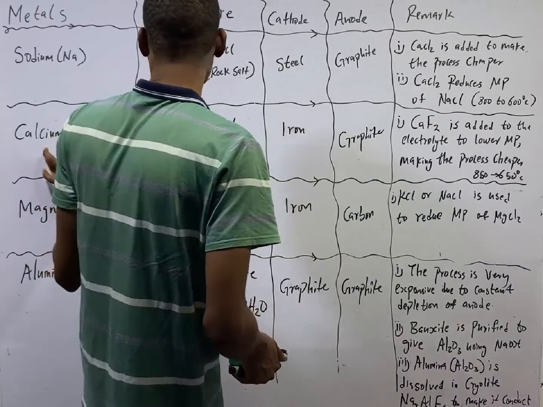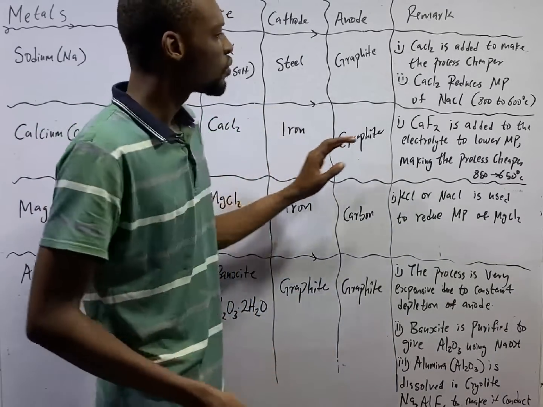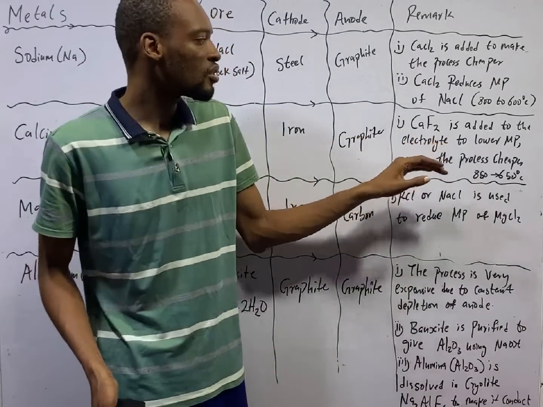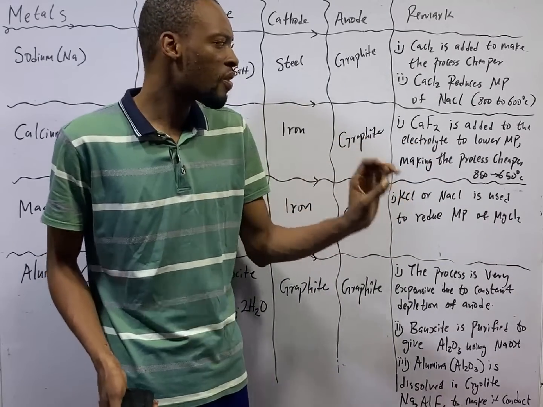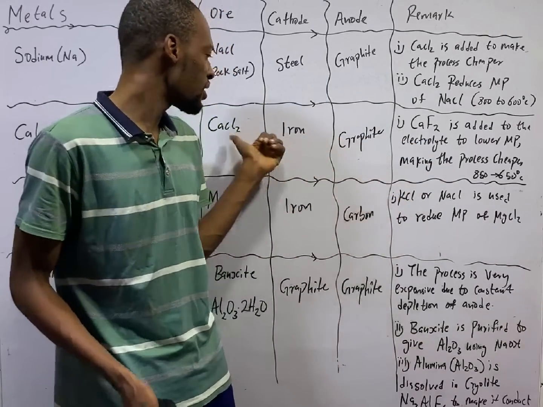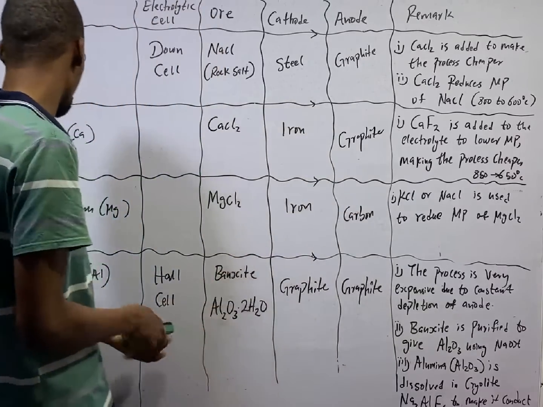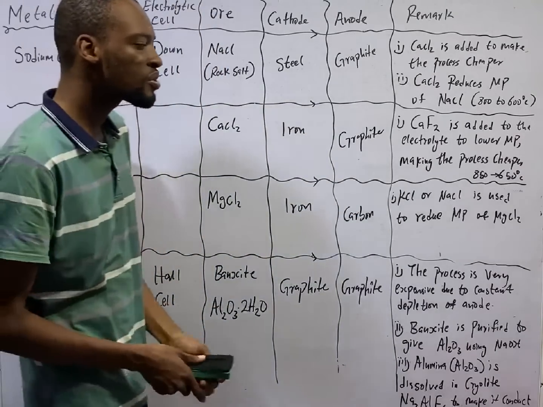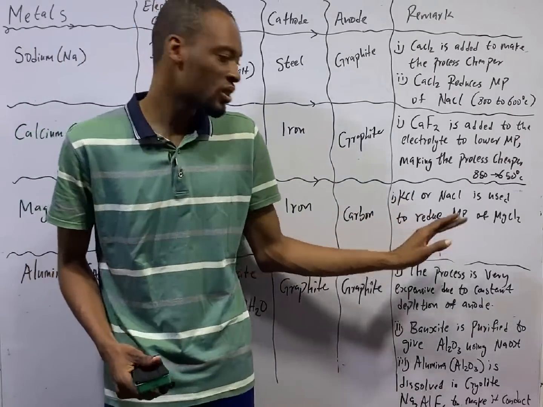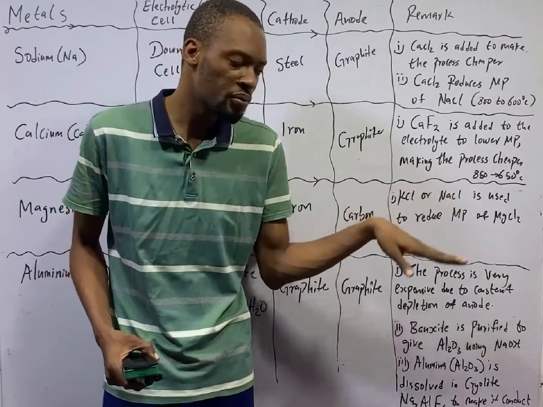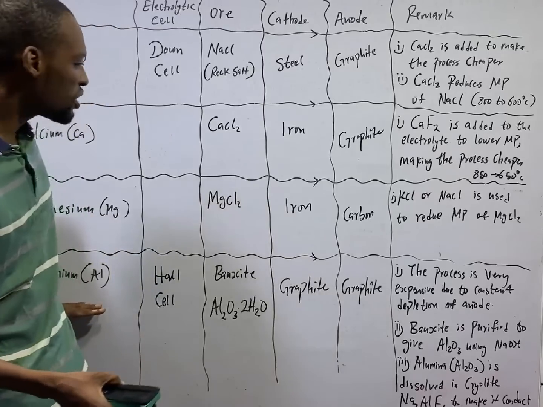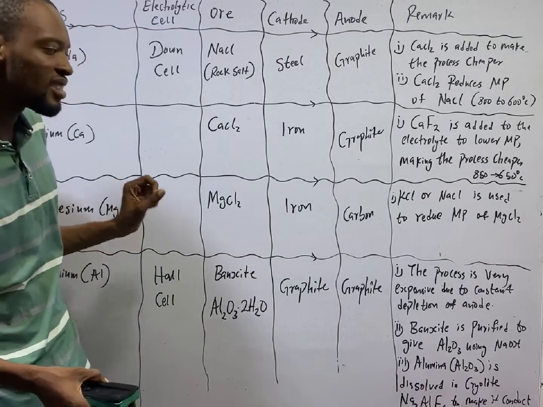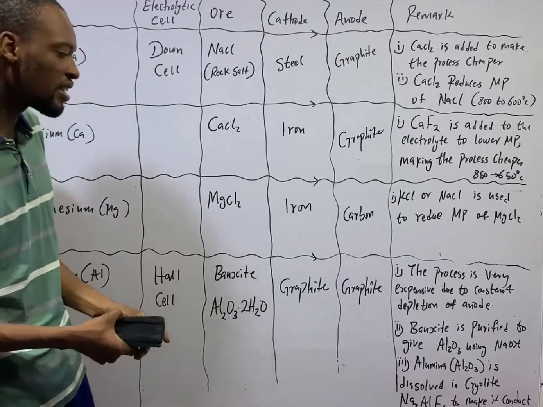In extraction of calcium, we use calcium fluoride to make the process cheaper. Why? To reduce the melting point. The same thing. In magnesium, we use sodium chloride or potassium chloride to reduce the melting point of magnesium chloride. In aluminium, the process is expensive, very, very expensive.